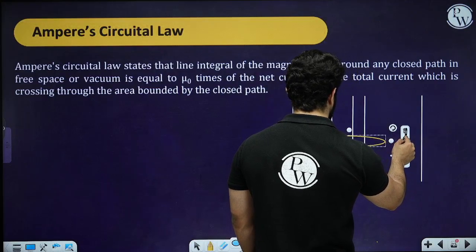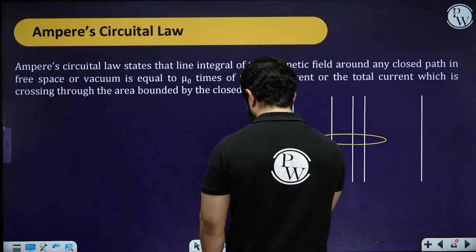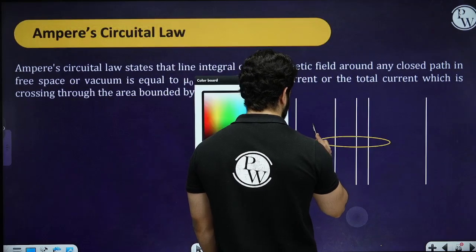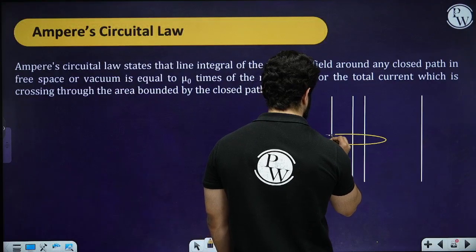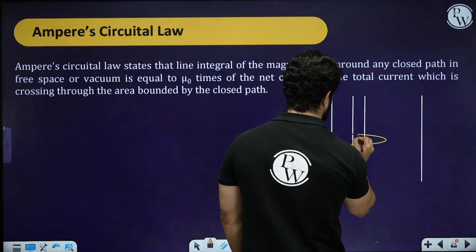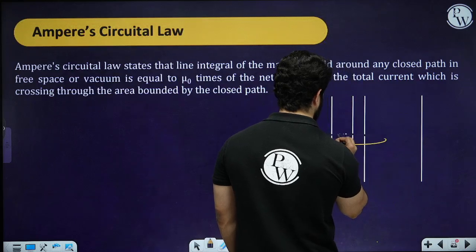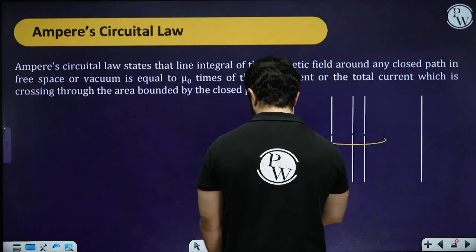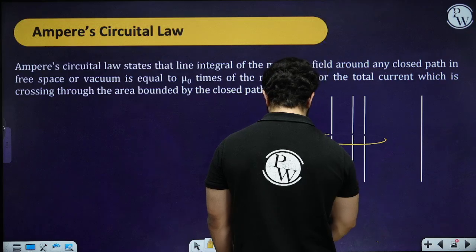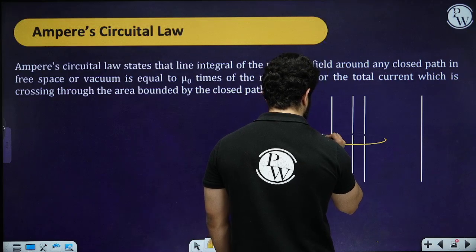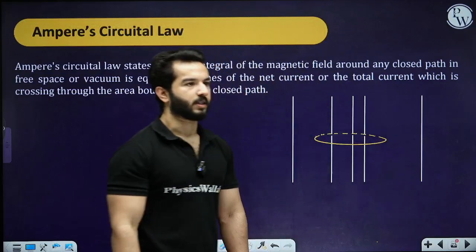So let's draw a loop, something like this, right? I mean, if you want me to actually draw a perfect loop, you know what I'll do is, I'll actually draw it something like this, right?